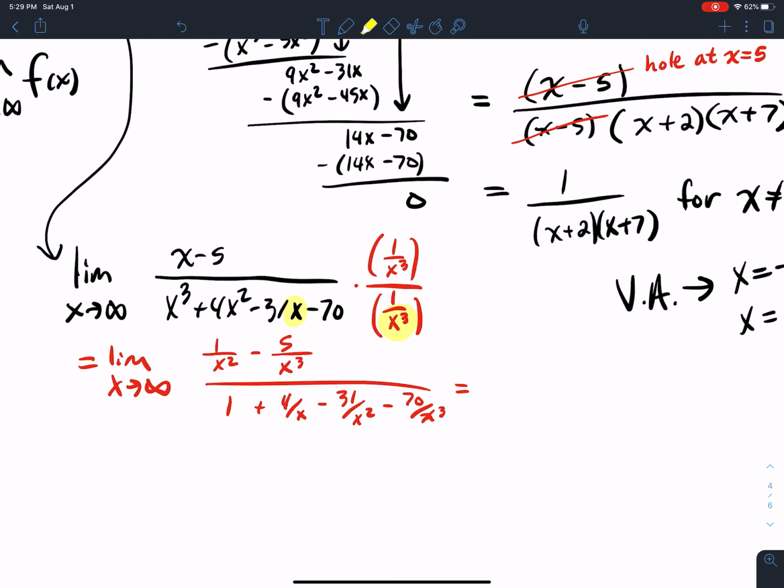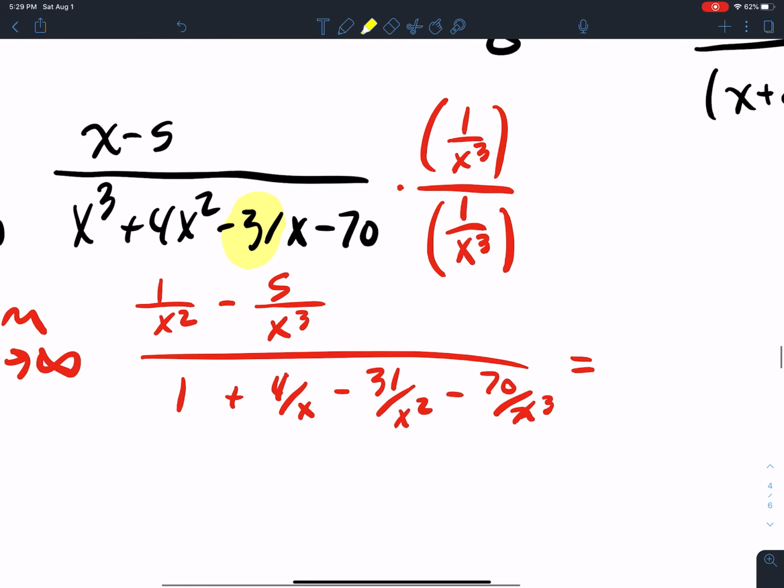Wait a second, what's going on here? I'm sorry, I read this wrong. That's not divide by x, that's 31x. Sorry, my 1 was a little off. So that's 31x multiplied by 1 over x cubed. Sorry about that. And so that'd be 31 over x squared.